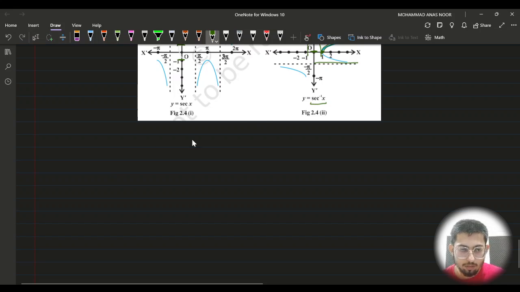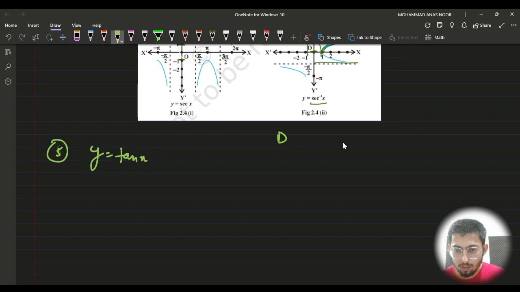Similarly, you can do it for the next function, tan x, the domain and range.